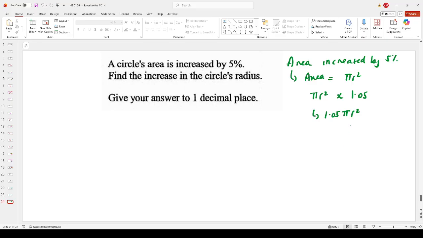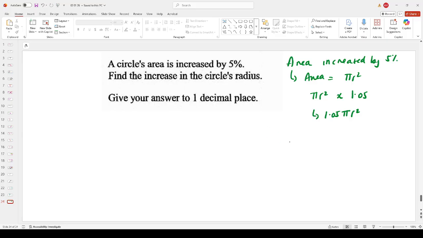Find the increase in the circle's radius. Guys, I've kind of formatted this not in the best way, yeah?